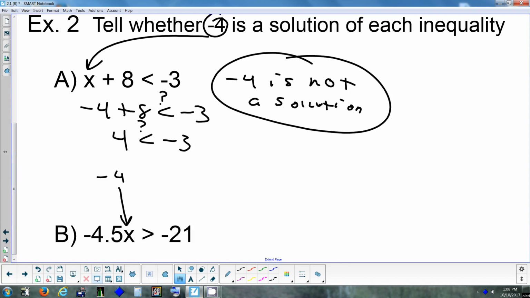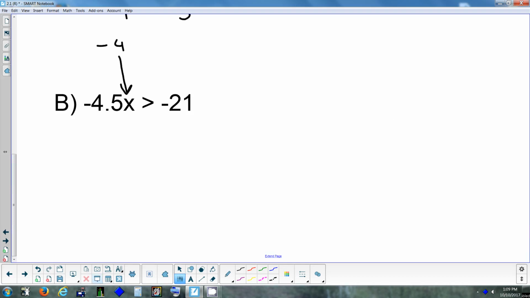What's going to happen on the left? Well, Mallory, can you tell me what are the two numbers you're going to multiply together? Negative 4.5 times negative 4. What happens when you multiply those two numbers together? You get a positive. That's the point. You get a positive.